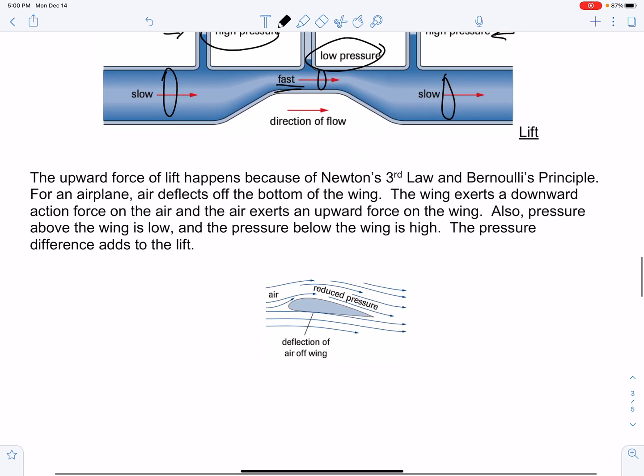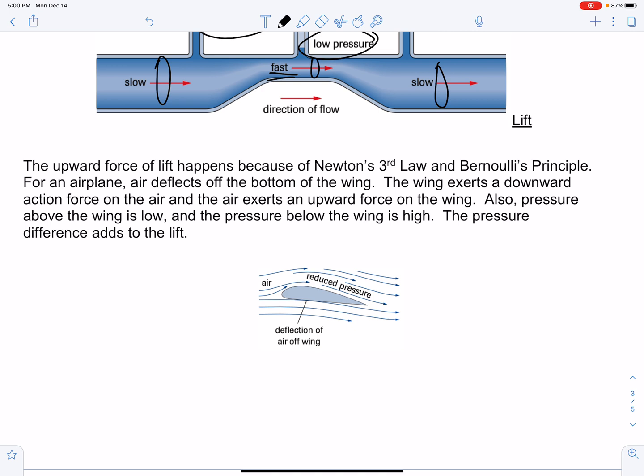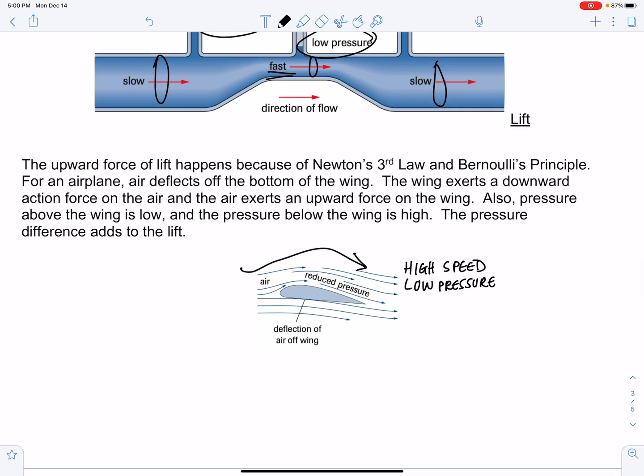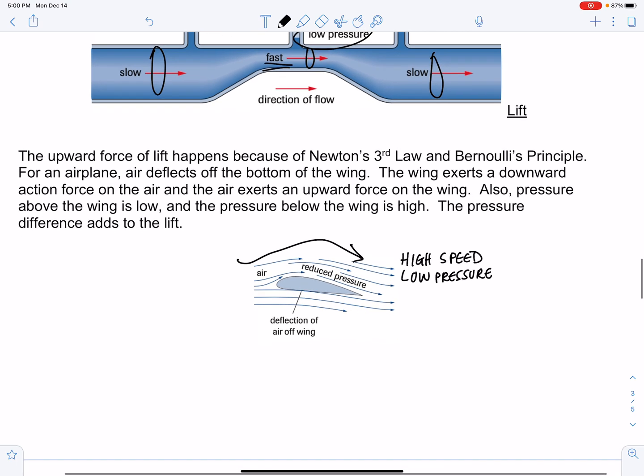We have a wing, and because it's shaped like this, we have low pressure up top, and that's because the wind moves at high speed over the top of the wing, and below the wing we have low speed and high pressure.